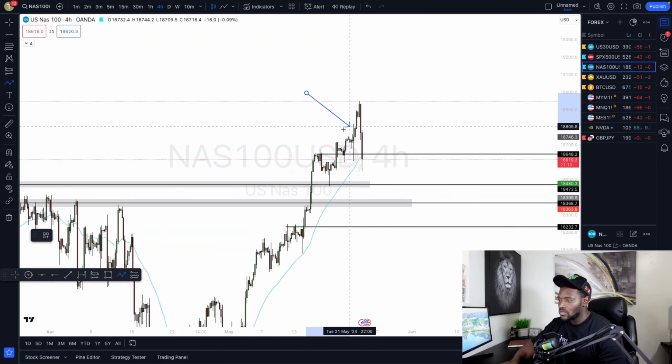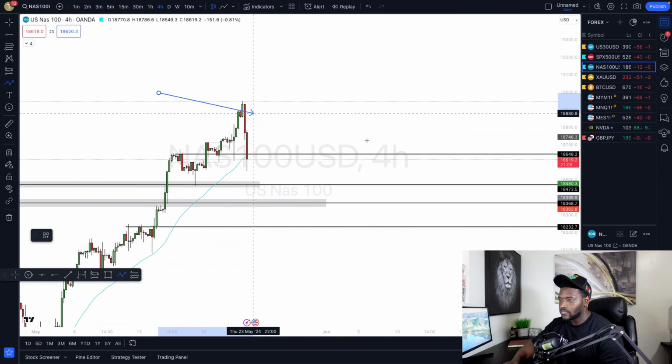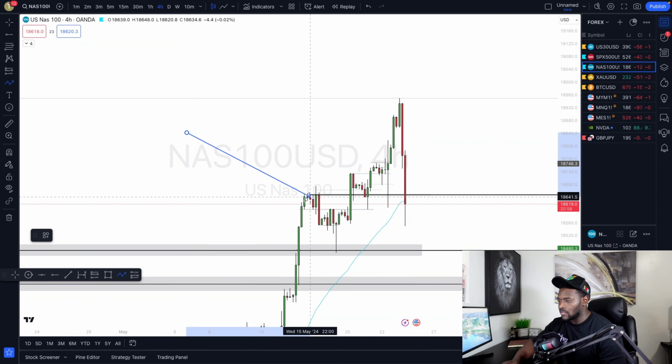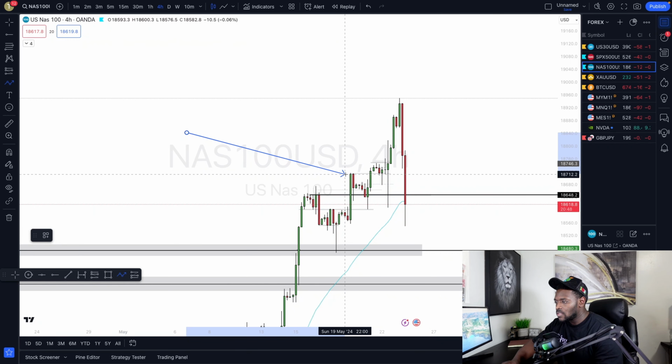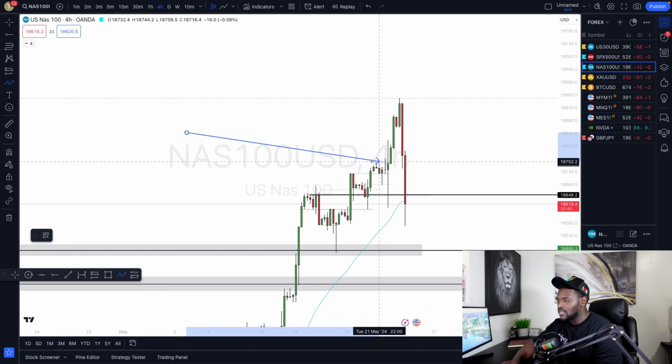So then what do we see now? We see this level of structure broken, and then it came back to retest it and pull up. And then what happens? This level of structure was now broken, and then now we have more minor levels of structure broken as we continue to move up.